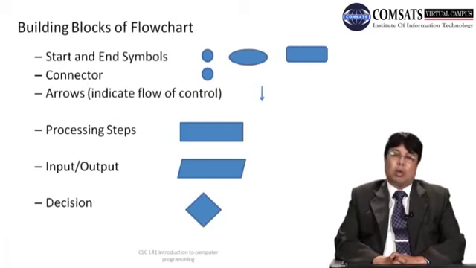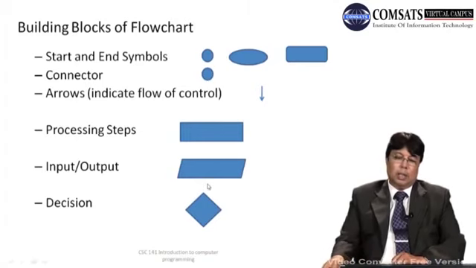Next one is the decision box, very important. Diamond box, decision box. This is a square but used in a diagonal form. This decision box can have one input, and it can have one output, a second output, a third output.